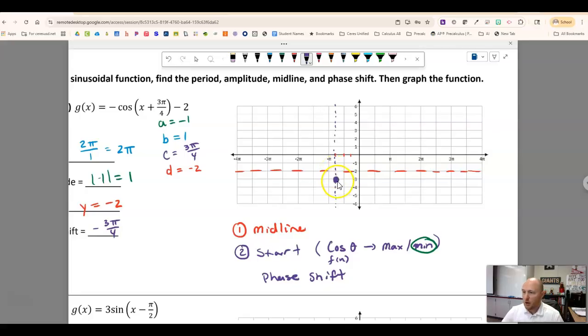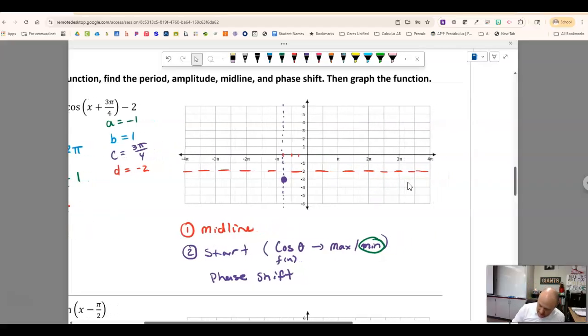Now our period is 2 pi, so we also want to graph the end. I like to do start and end, I guess step 3 here, and I have to go forward 2 pi, so let's see if we can figure this out.